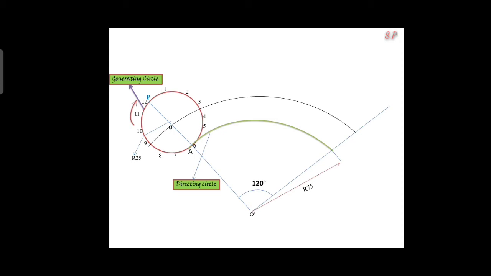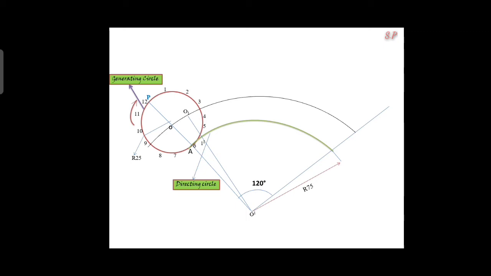After drawing the locus of the center, you divide the directing circle also into 12 equal parts. 120 divided by 12 is 10 degrees. So from O dash O, you take a 10 degree angle and draw a line. The line intersects our locus of the center at the point O1, and it intersects the directing circle at 1 dash.